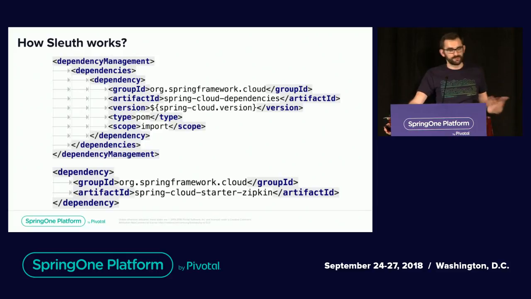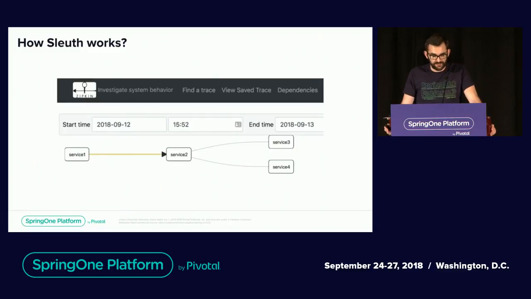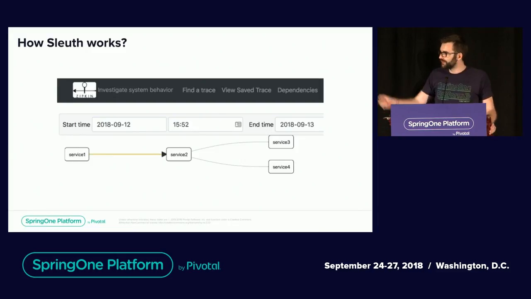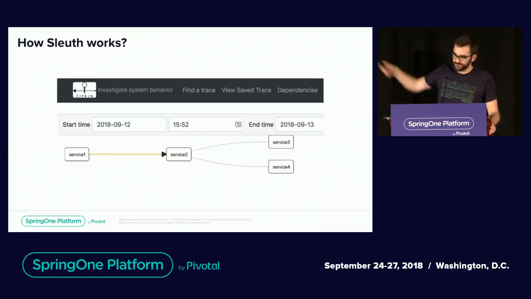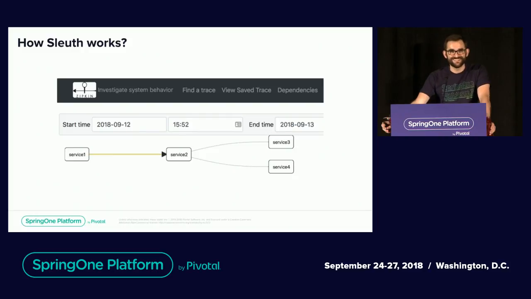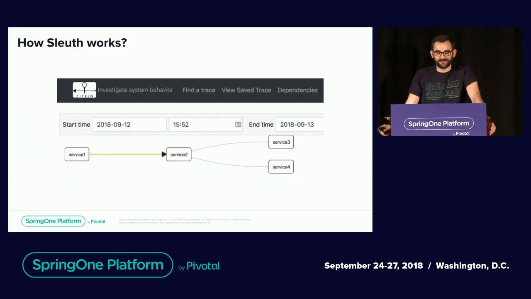You add the BOM, Spring Cloud BOM. For example, you add the Finchley release, and then you add Spring Cloud Starter Zipkin, and that's everything you have to do. And then you check out Zipkin, and you see that there are 4 services talking to each other. For those who don't know, I can't really point to it, that doesn't matter. So the width of the arrow, the wider the arrow, the more communication happened between those services.